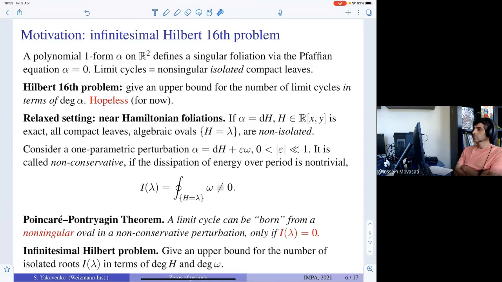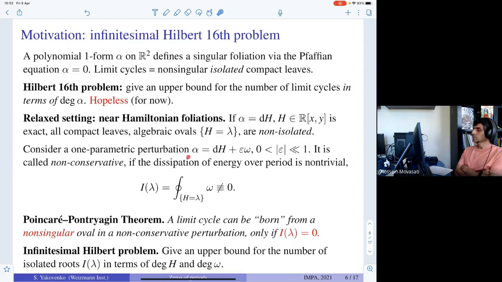This problem is still hopeless, so there is not even the most fundamental uniformness result. For the moment, we know only that this number is finite for any specific differential equation. But we can consider different relaxed cases.